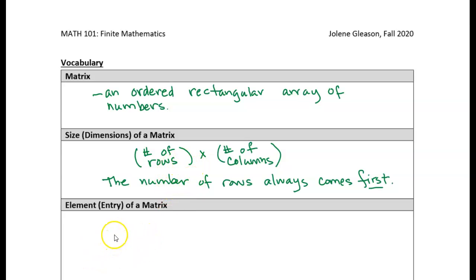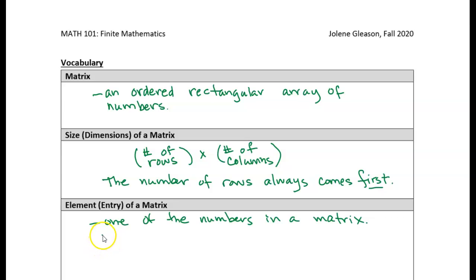All right, we also used this term in the first example, element of a matrix or entry in a matrix. And it's just one of the numbers in the matrix. Now, oftentimes we need to refer to a particular element in a matrix, and we want to give it a name, sort of a variable name.